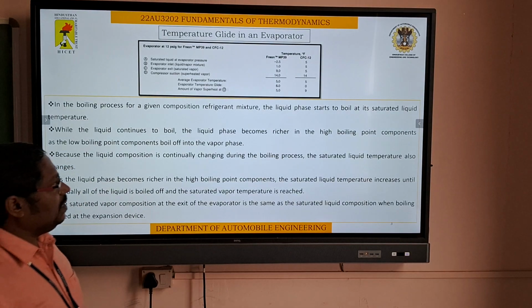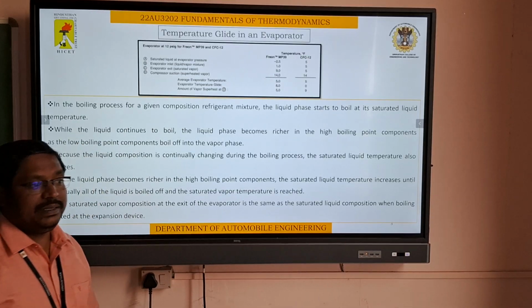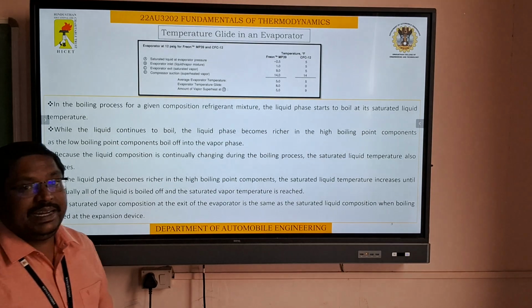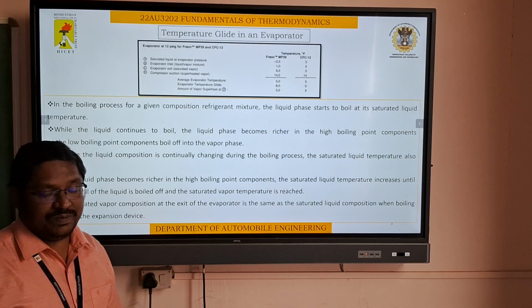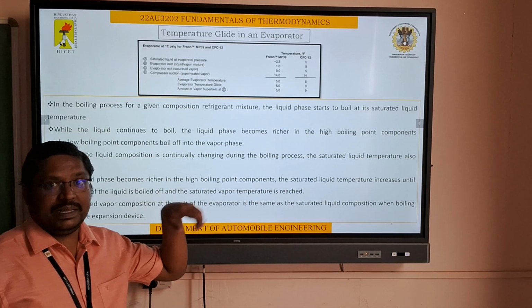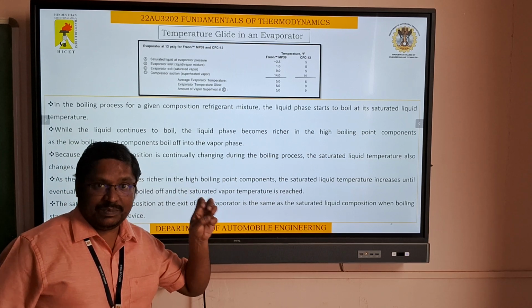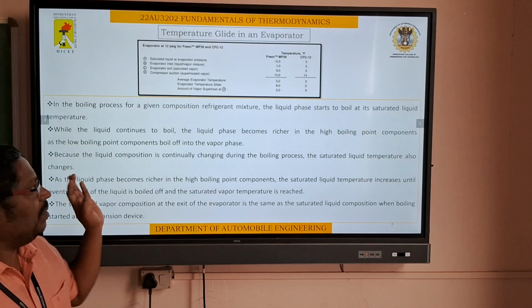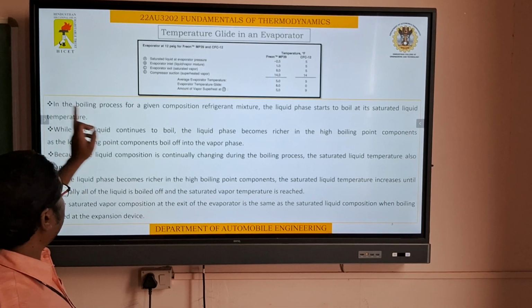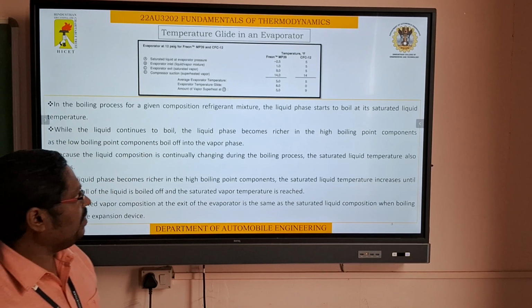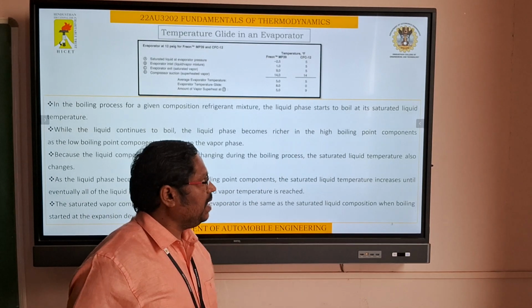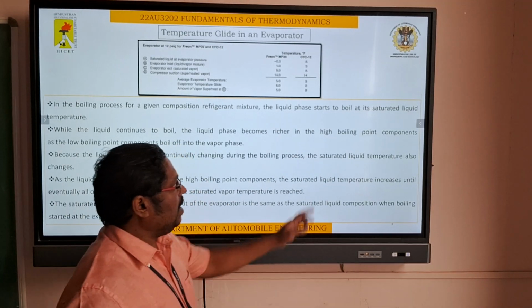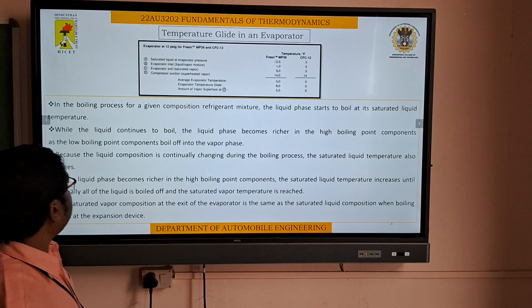So what happens in the evaporator? Heat extraction takes place in the evaporator. Near the evaporator, heat is absorbed by the evaporator and the refrigerant becomes vaporized. In the boiling process for a given composition of refrigerant mixture, the liquid phase starts to boil at its saturated liquid temperature.